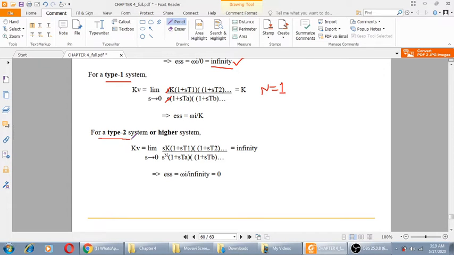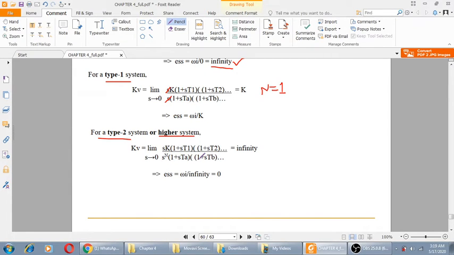Then for a type 2 system or higher, that means type 2 or more, what will happen is K_v will be the limit as s tends to 0 of s divided by s to the power n. Because the value of n is no longer 1, it becomes 2 or more, that's the reason we are writing s to the power n. No matter what, there will always be at least one s left in the denominator.